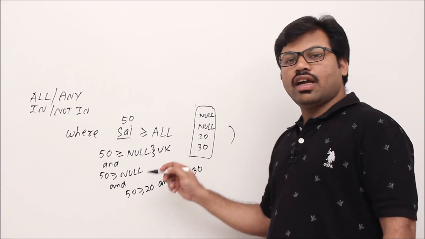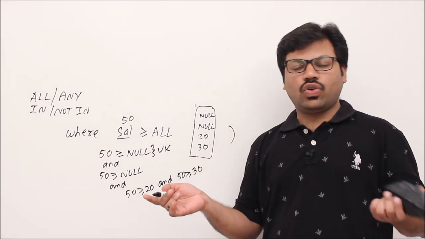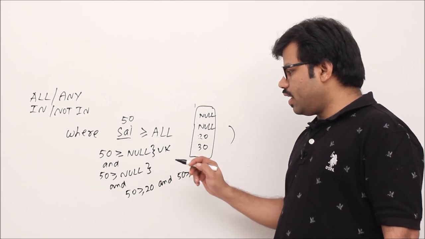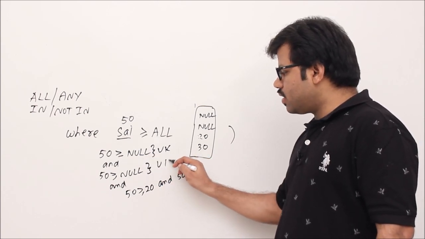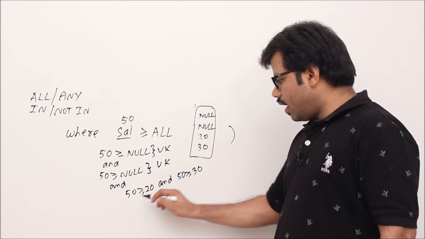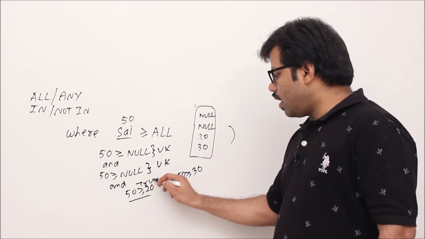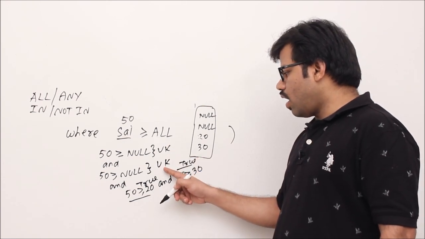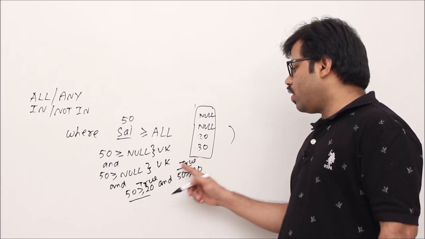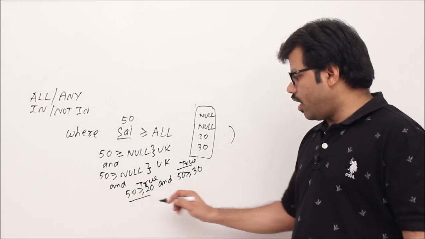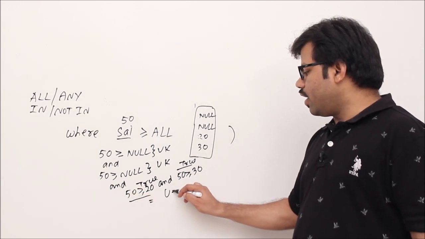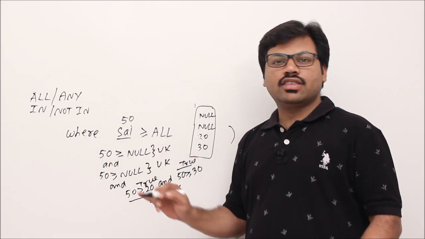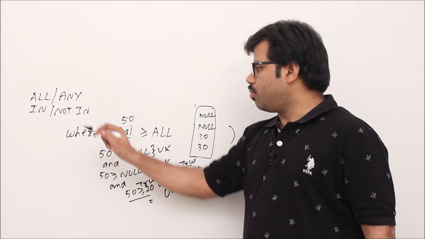Unknown AND anything is not true. Unknown and unknown is unknown, unknown and true is unknown, unknown and true is unknown. We know the logical values, right? So finally it is evaluated to unknown, but not true. That's why this where condition is now not true, so this tuple will be rejected.